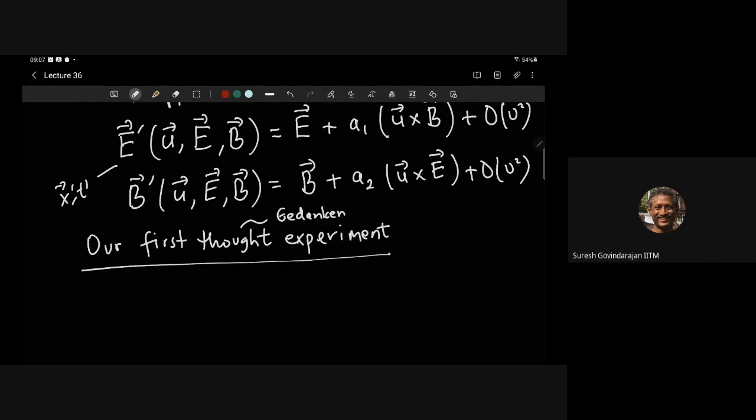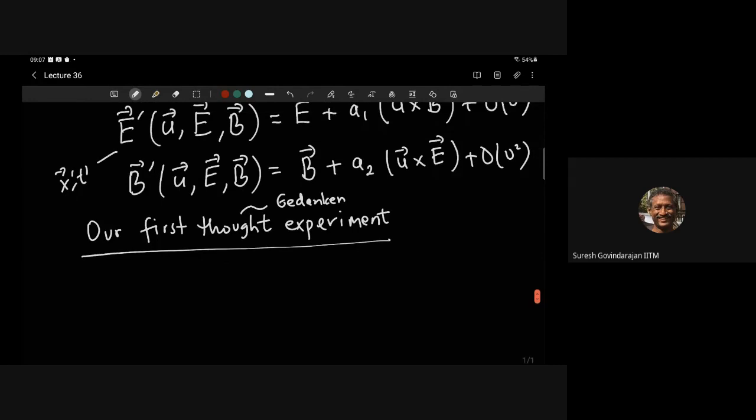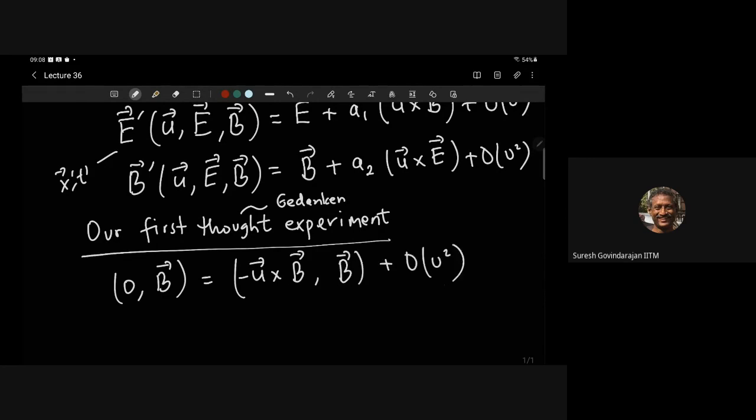So we want to fix A1. In our first thought experiment, we worked with E equal to 0 and some B non-zero, and we saw that we needed the electric field to be something like this. We won't worry about order u squared, so I'm just putting that. Is that what we wanted?